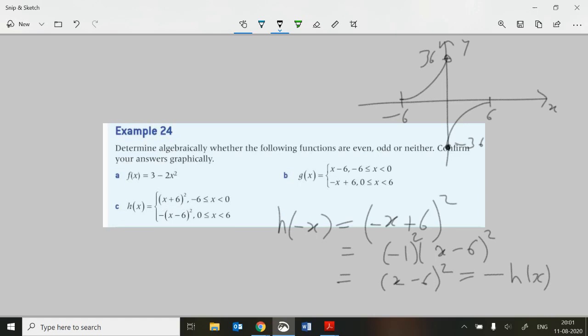So we're now showing that if we take the first part and replace x by minus x, then we end up with what's happening on the other side of the y-axis with a minus in front, so the negative of this thing here.